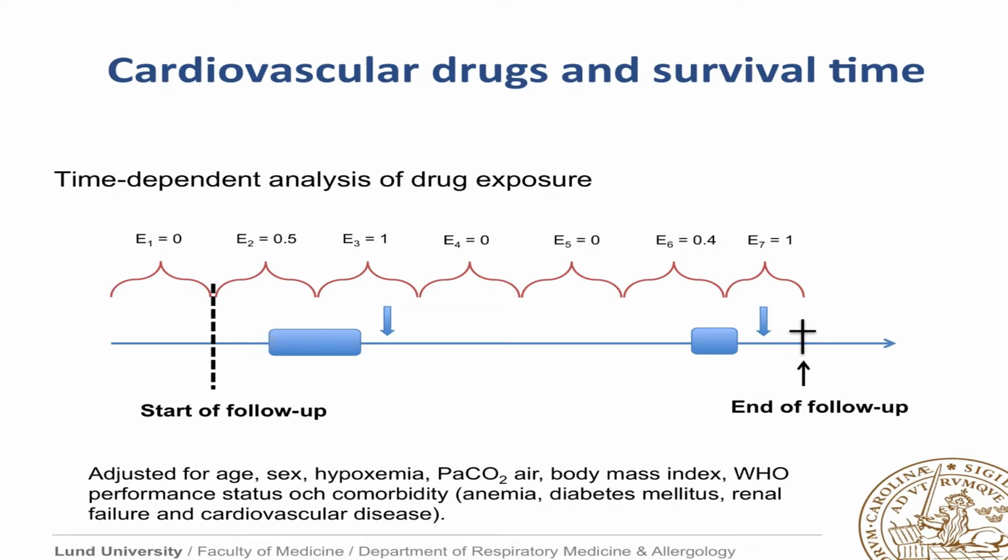We then expanded the work together with a brilliant statistician in Uppsala in Sweden. We tried to create a method to account for possible survival bias and confounding by indication by dividing medication exposure, drug exposure, into 3-month intervals. So we linked with the outpatient prescribed drug register, and we calculated for each 3-month period the actual exposure.